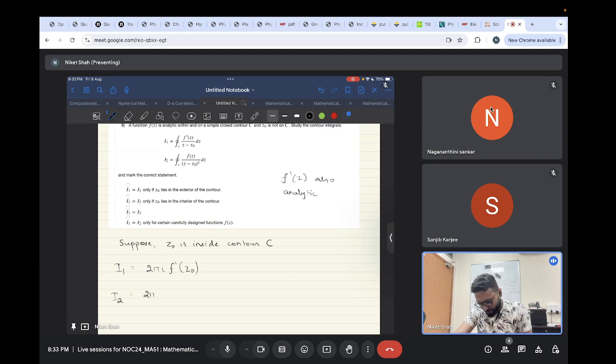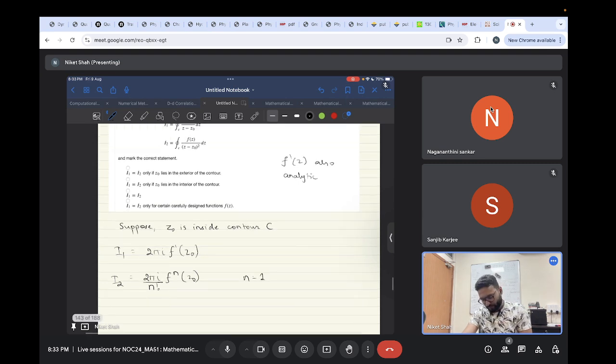We know that it is 2 pi i divided by n factorial times f^(n) of z0, where n is equal to 1. So this is 2 pi i divided by 1 factorial, which is 1 itself, and f^(1), which is f prime. So f prime of z0, that is I2.